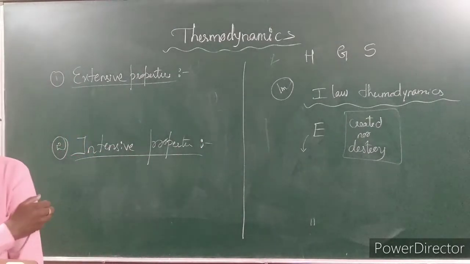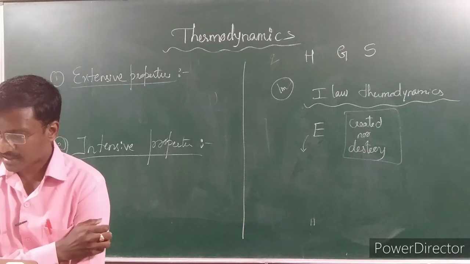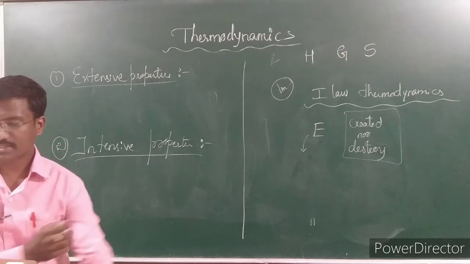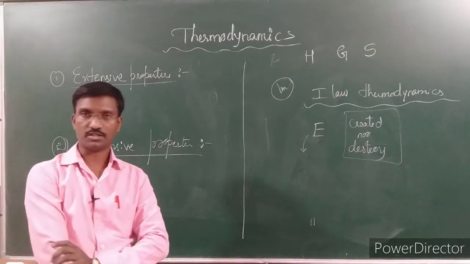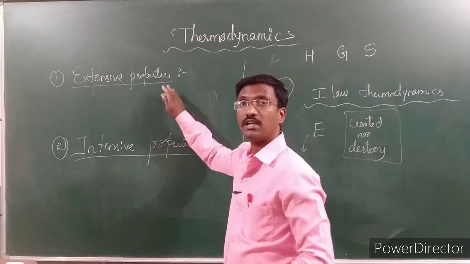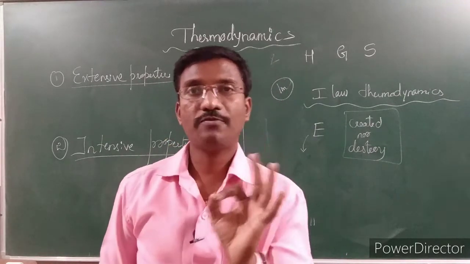Initially we have two types, one is extensive and one is intensive. An extensive property is one whose value depends on the size of matter present in the system. It means the extensive property depends on the mass of the system.